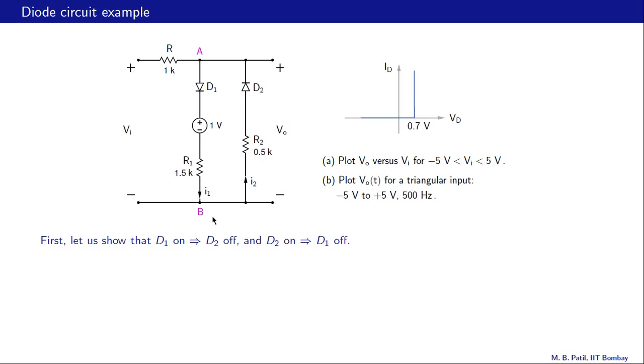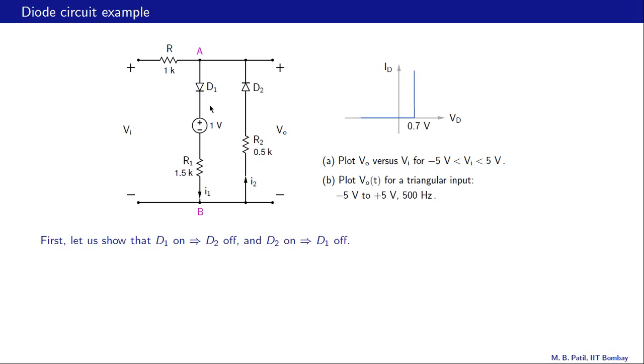Let us suppose that the diode D1 is conducting. In that case, as we go from A to B, we have a voltage drop of 0.7 volts across D1, then this voltage drop of 1 volt, and after that we have a positive voltage drop across R1, because this current I1 can only be positive since the diode can only conduct in that direction.